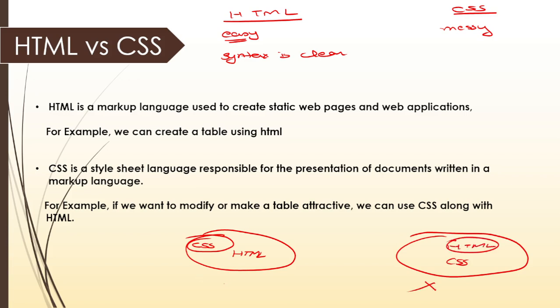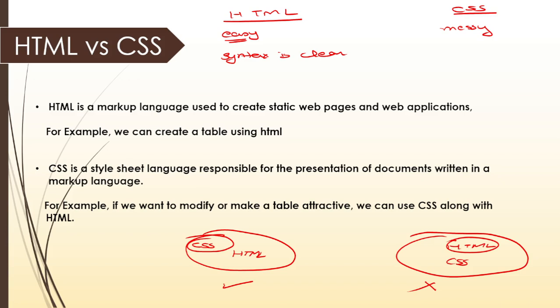I hope this point is clear to you, because this is very important. I am repeating the statement: HTML files can include CSS code, but CSS can never contain HTML code.